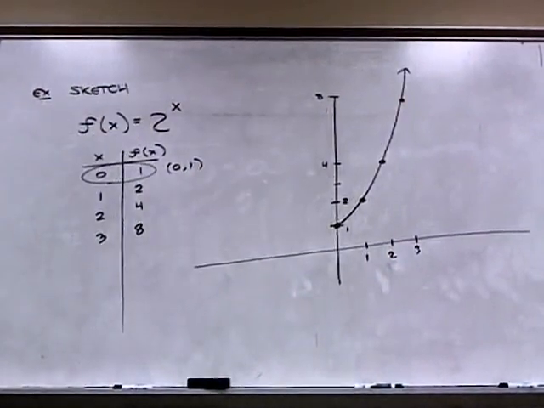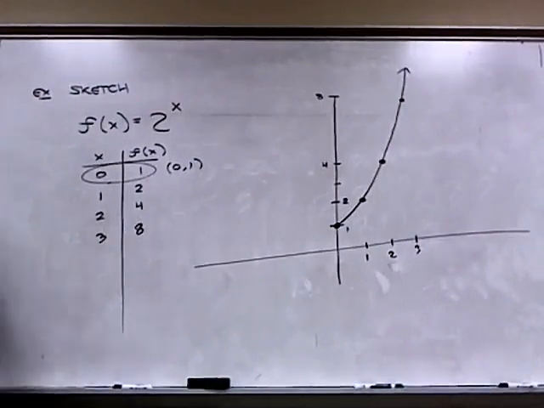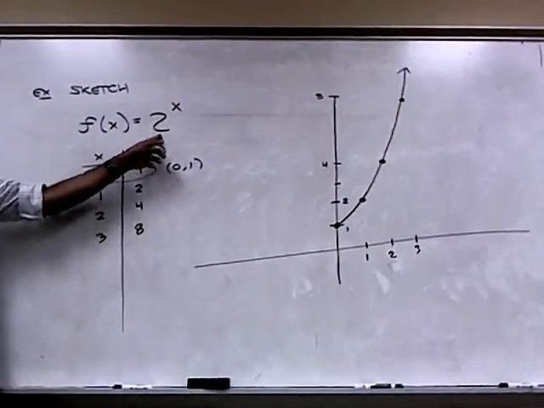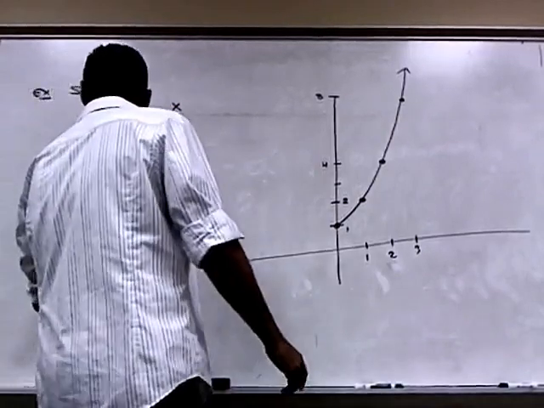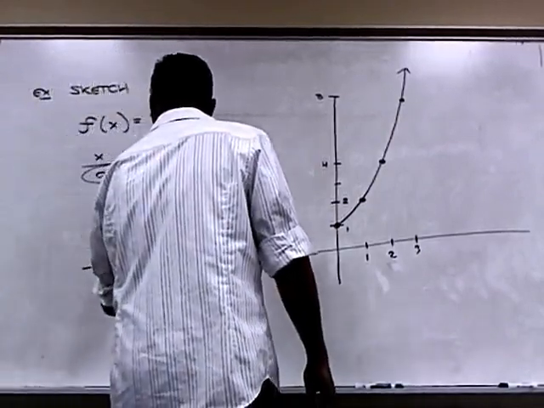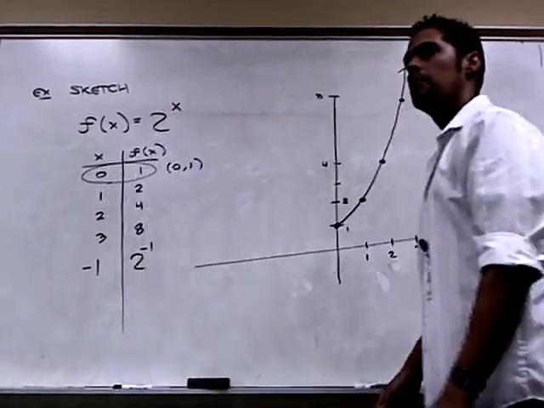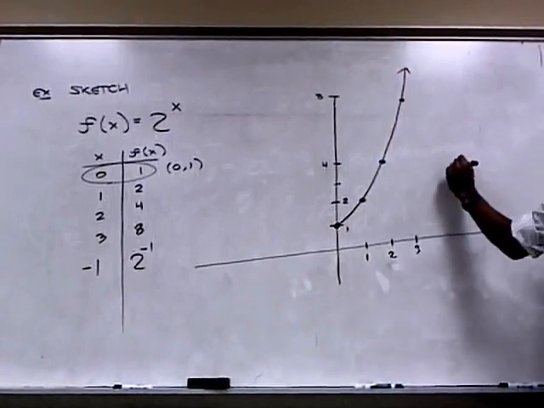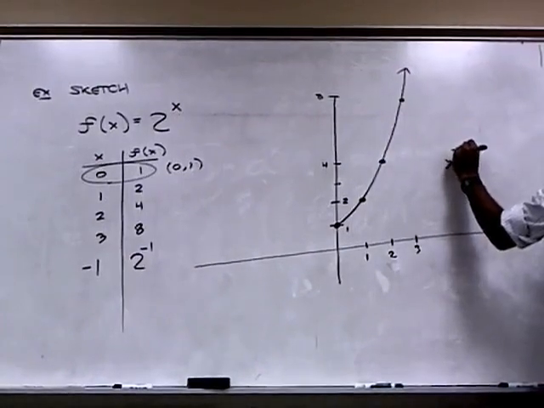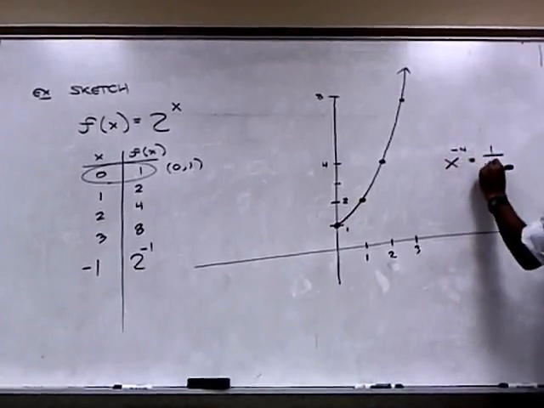What we have not looked at is whether or not we can put a negative number in here. Now I said the base can't be negative, right? But can I plug a negative up here? So let's try it. If I plug in -1, I get 2 to the -1, don't I? What does 2 to the -1 mean? Do you remember this property of exponents? X to the negative n equals 1 over x to the positive n.